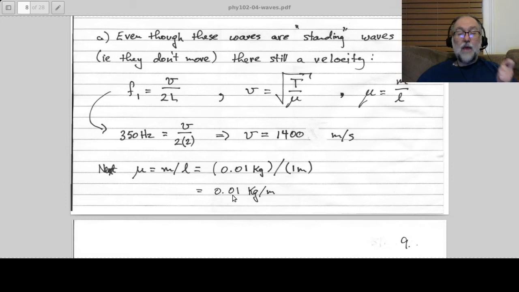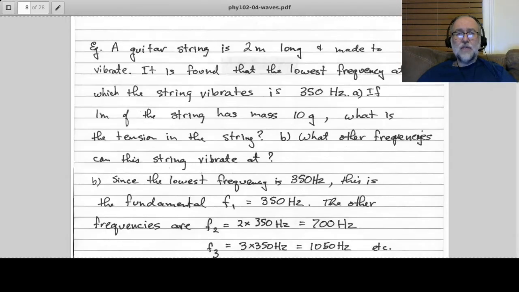Okay, in these problems, just be careful not to confuse your L's. So capital L is the distance from the bridge to the bridge. Okay, it's the total length of the string that's allowed to vibrate. Little l here is just whatever length of the string you might be looking at for a particular mass. So you'll notice in the problem, I actually give you two lengths.